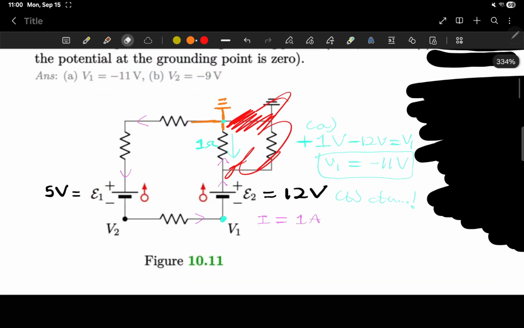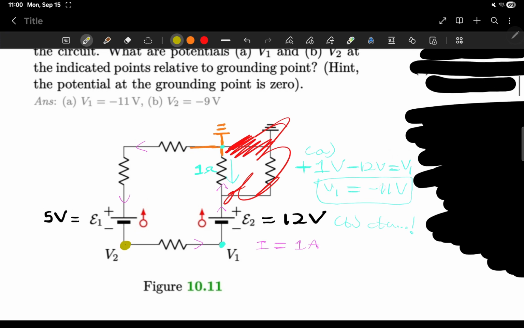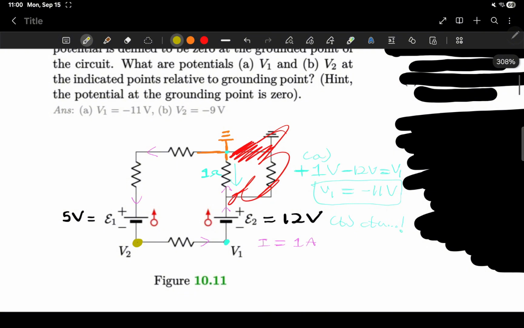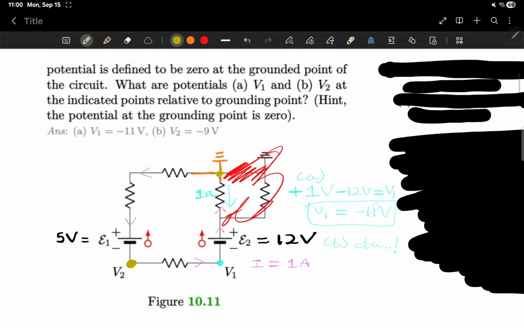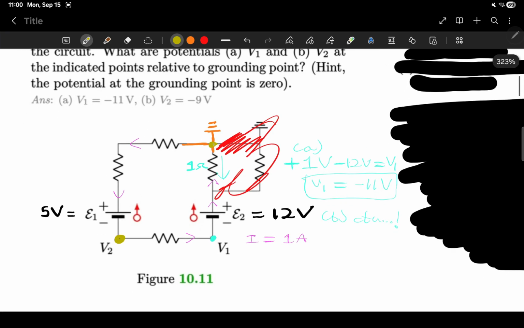So we're trying to find the potential at this point V2, and we're going to do the same thing as we did in part A. We'll start at the grounding point, where the potential is 0, and go against the current until we reach point V2 over here.